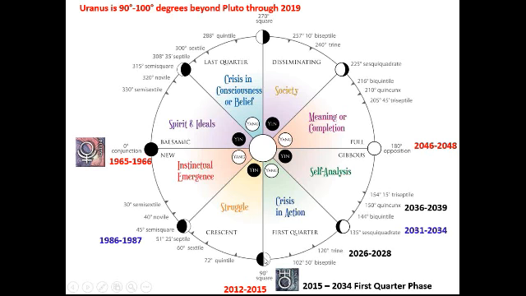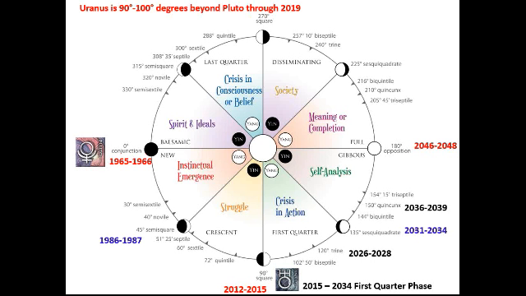Well, as of March of this year, 2015, Uranus is now beyond that. And I think for these next 4 years, 2015 through 2019, this is when we really see the busting out, the breaking free, the intensity of changes that are going to come. And Pluto retrogrades intensifying that, and we're also going to see Uranus retrograde intensifying that as well.